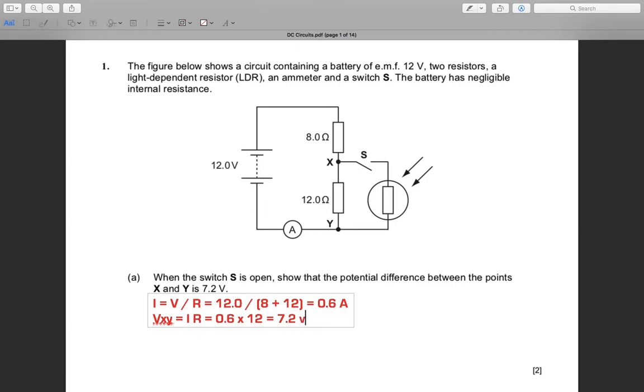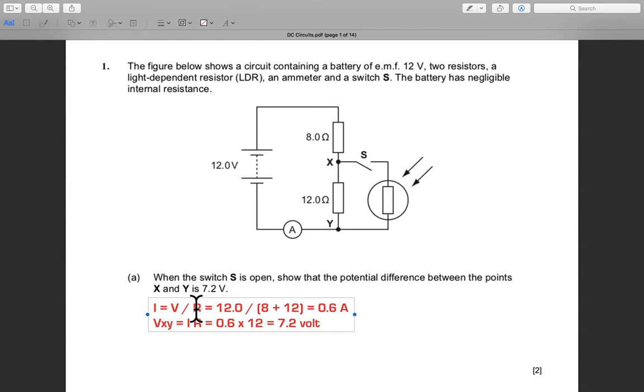It is the same as the question, we need to prove that X and Y has a voltage of 7.2 volt. You can see here this is the same thing, 7.2 volt.